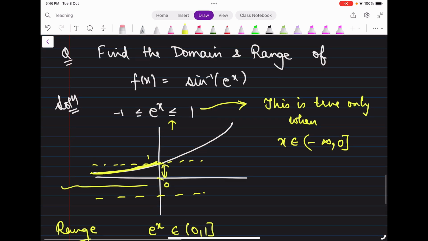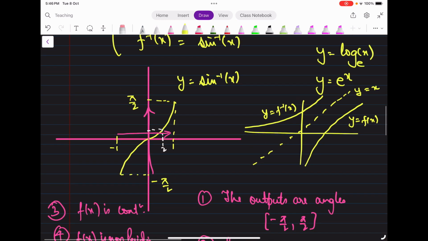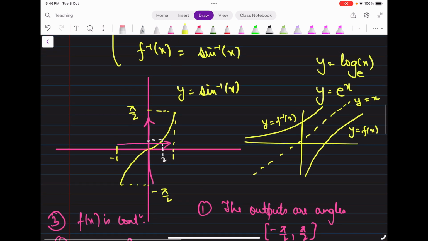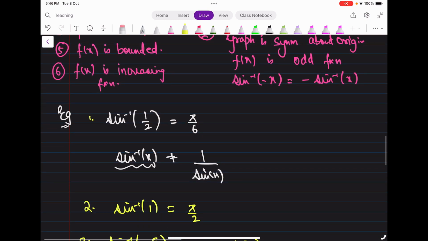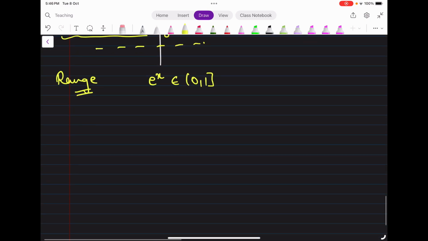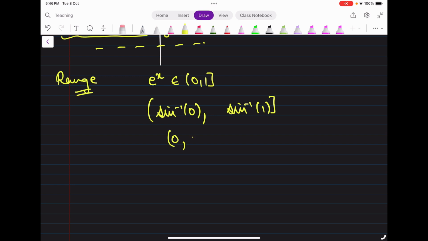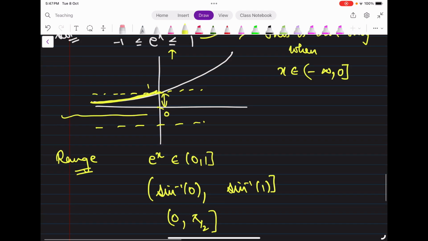The inputs are between 0 to 1. We can go back and check the graph. Whenever the input is between 0 to 1, the output is between 0 to pi by 2, right? We can see it like this also, sine inverse 0 and sine inverse 1. This is open 0 and close pi by 2. That is what the range of this particular function is.